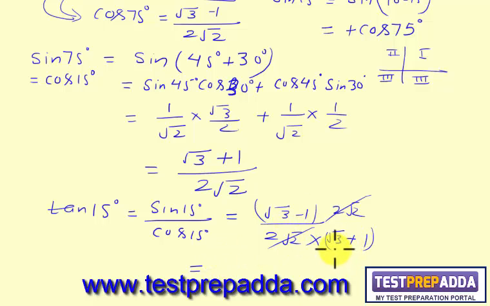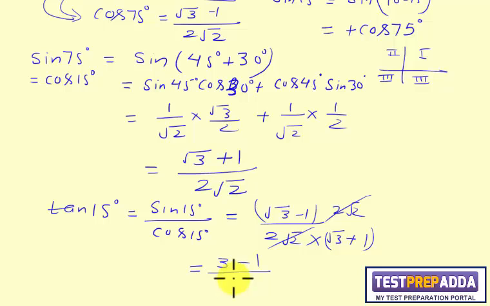plus 1. Okay, if I multiply root 3 minus 1 in the numerator and denominator, it will become root 3 minus 1 square upon 3 minus 1.